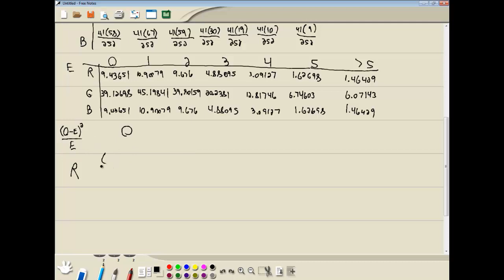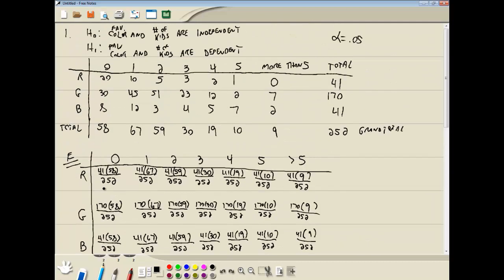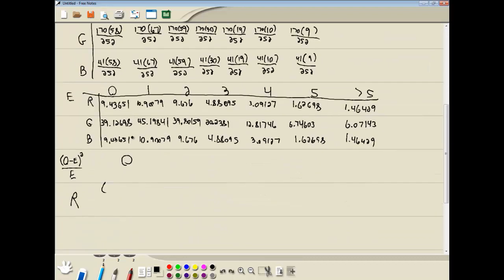Okay, so let me specifically show red, and I'll show the 0th entry. Okay, so our observed. If I come up to our observed, we observed 20 that were red with 0 children. So observed is 20. Now this is a 0 here, but the O, this is an O, this is observed. Minus the expected. Well, expected is right here. 9.43651 squared divided by the expected, which is 9.43651.